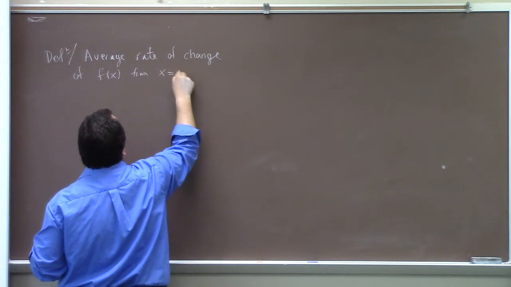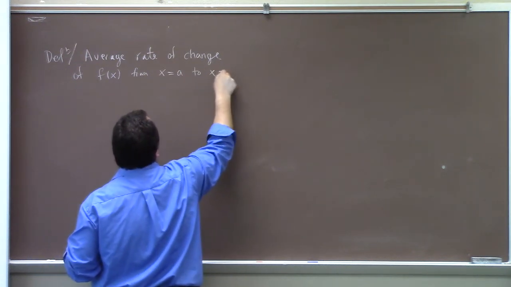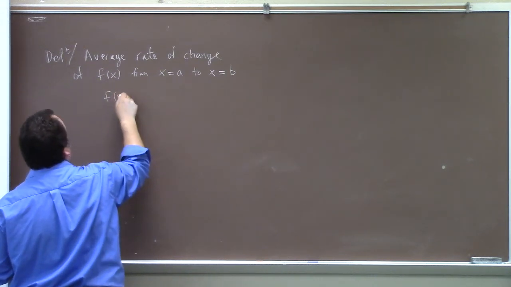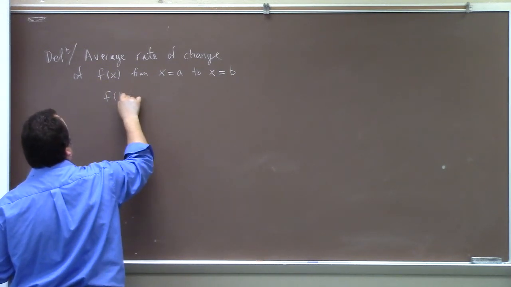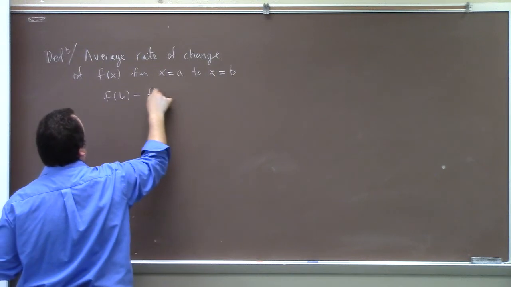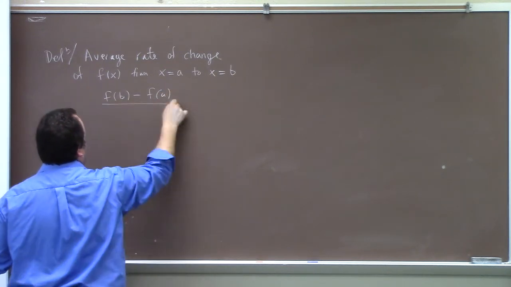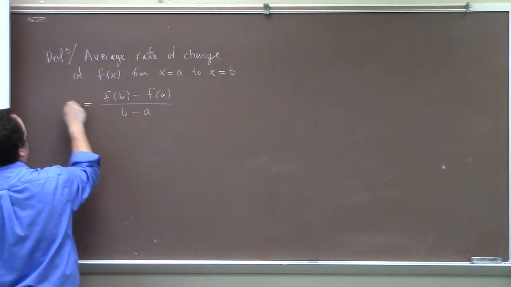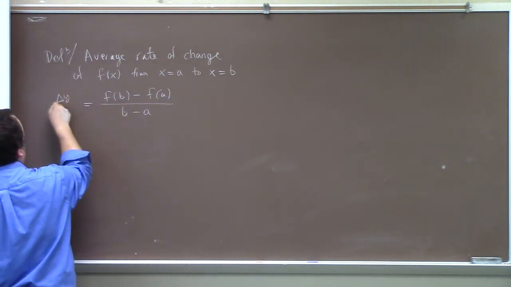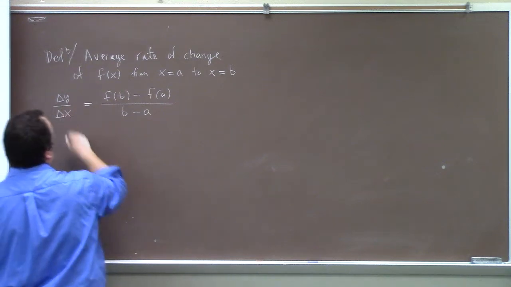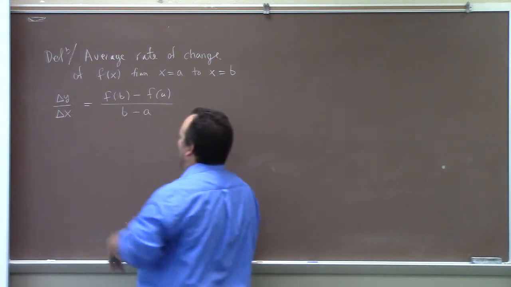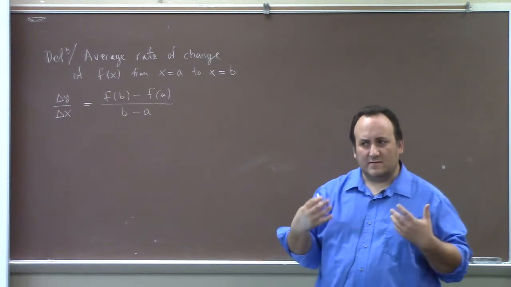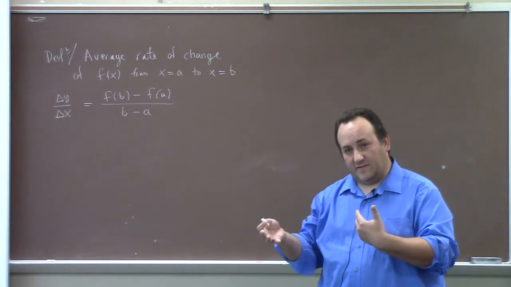The average rate of change from x equals a to x equals b: that is f of b minus f of a divided by b minus a. In other words, we could say that that's the change in y over the change in x. And that is assuming what? When I say it's the change in y over the change in x, I'm assuming that we're saying y equals f of x, right?